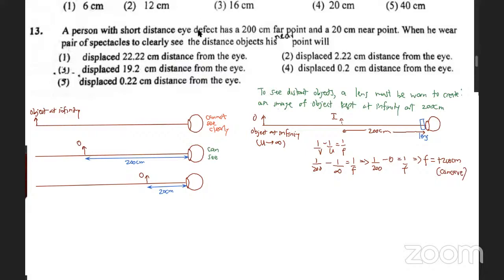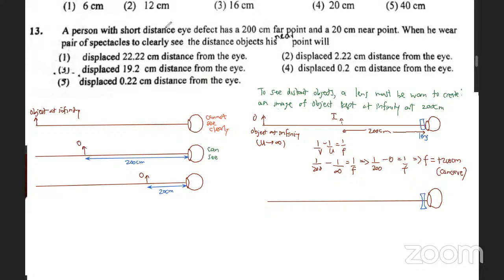Now the question is, what is his near point? Now he's wearing the lens, remember. What lens is that? Concave lens. If I keep the object at 20 centimeters, will that person be able to see the object?